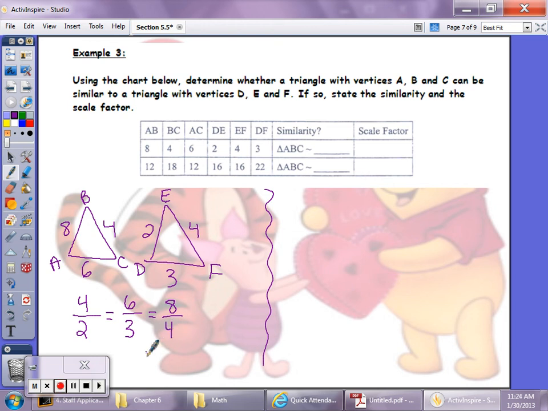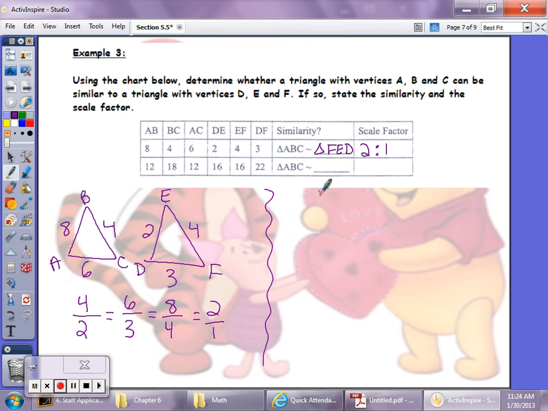So if we take 4/2, 6/3, and 8/4, we can see that they reduce to a scale factor or ratio of 2 to 1. So we know that our scale factor from ABC to DEF is 2 to 1. And now we know that triangle ABC is going to be similar to triangle FED.